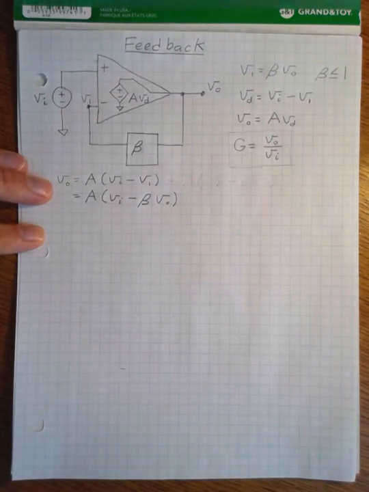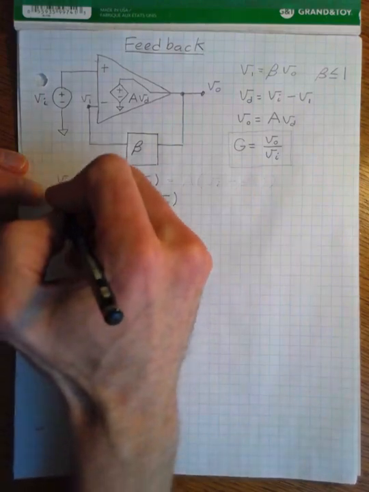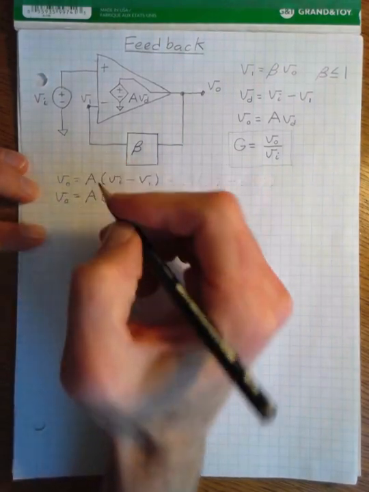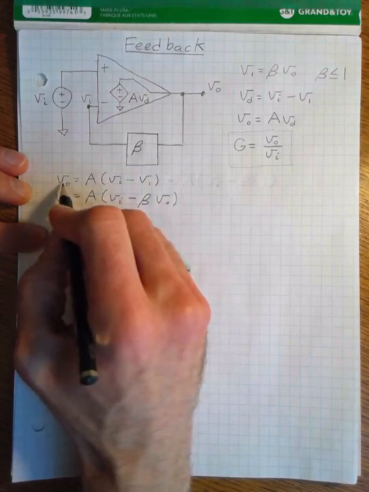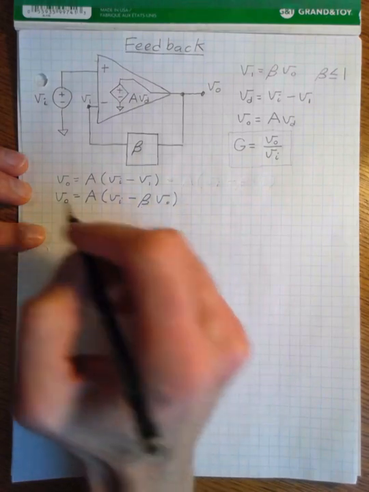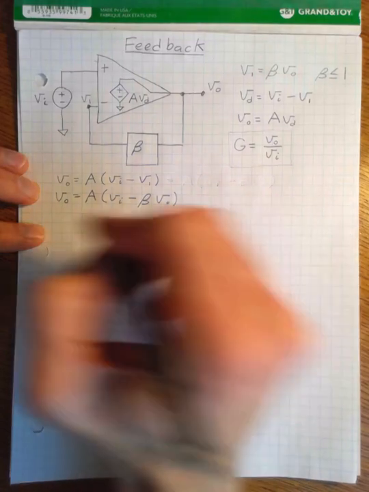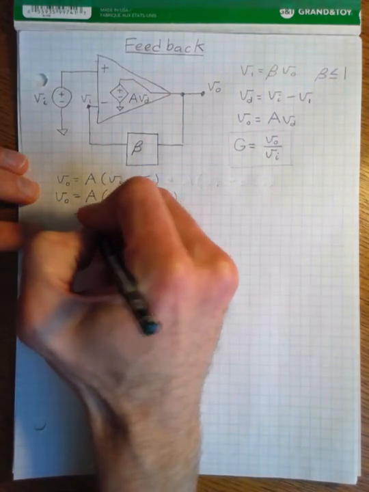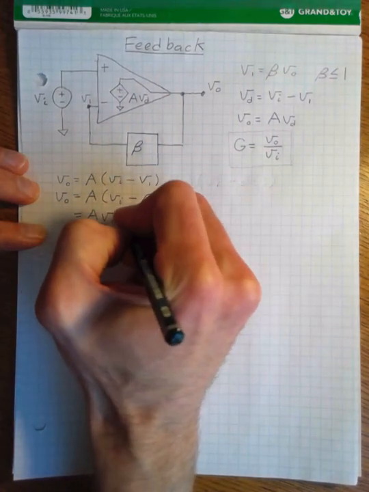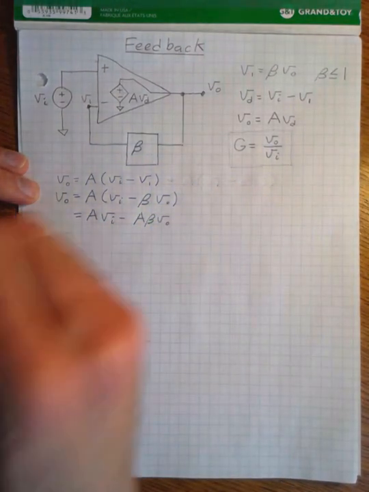Similar to what we were doing with the voltage transfer functions for our Laplace analysis, I want to get this equation just in terms of VO and VI. We know V1 is an attenuated version of the output voltage. And so now I can write this as A VI minus A beta VO.